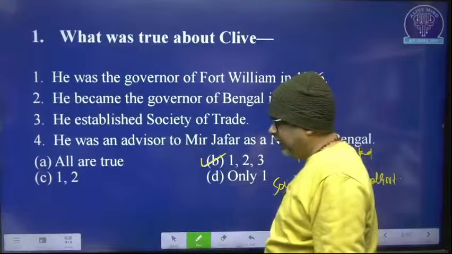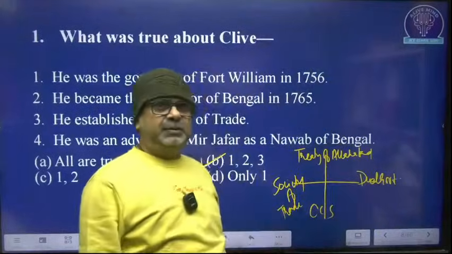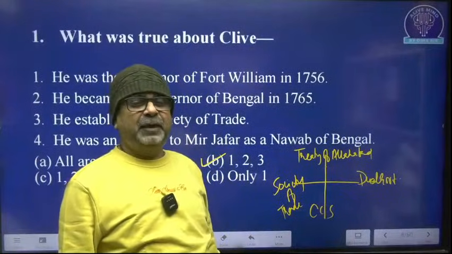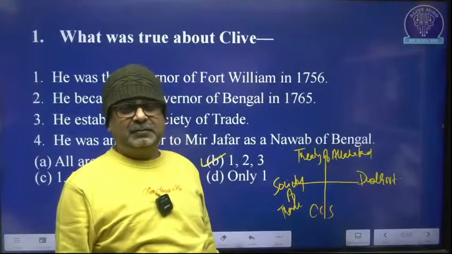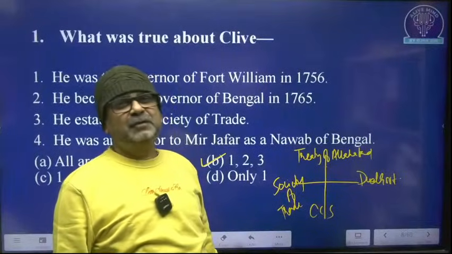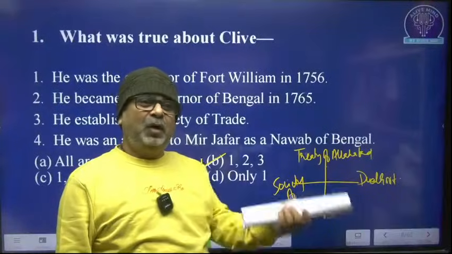Why Society of Trade? To check dastak, to control dastak. Sometimes the pain which you give to others becomes your own pain, and when it becomes your own pain, then you start crying. So dastak was the pain for Nawab of Bengal.